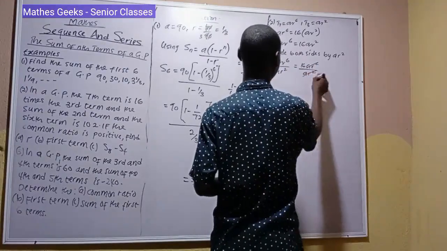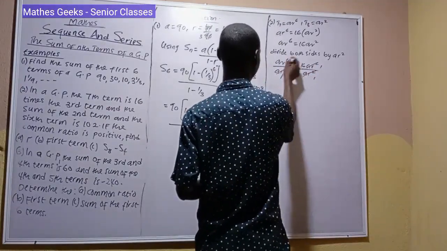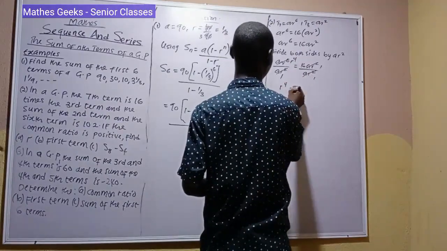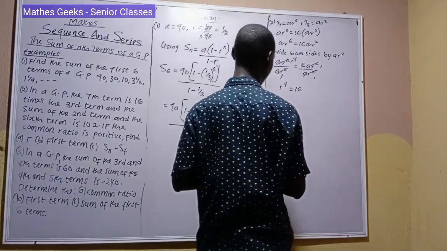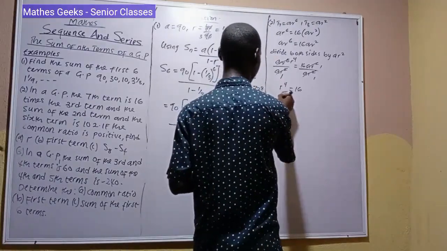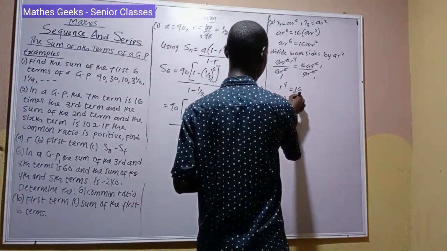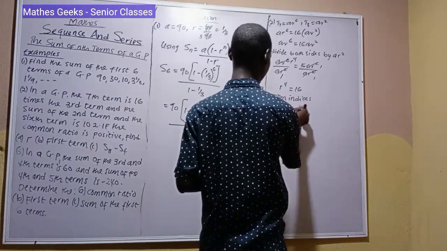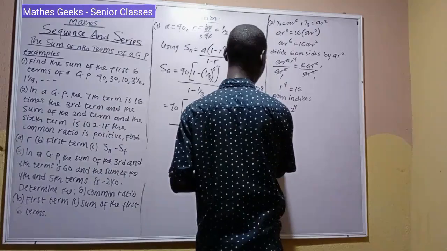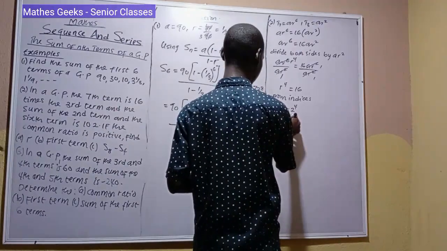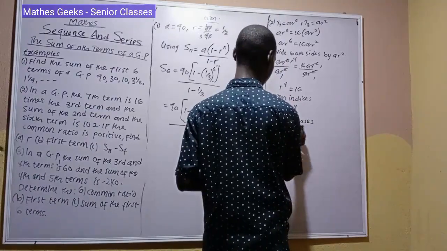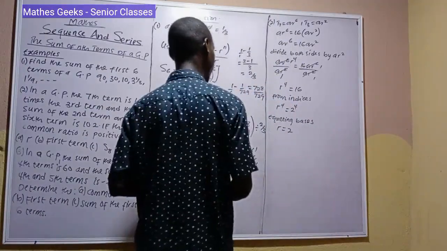So this will cancel. r to power 4 is equal to 16, which from indices is 2 raised to power 4. Equating bases, r is equal to 2.